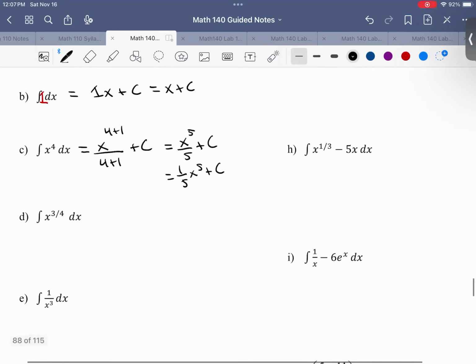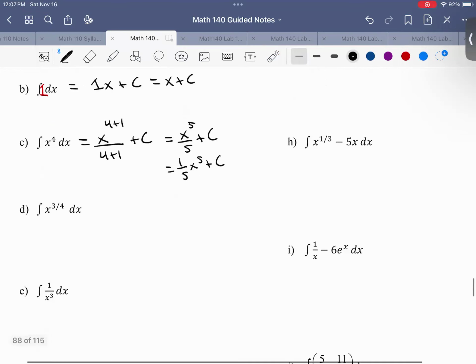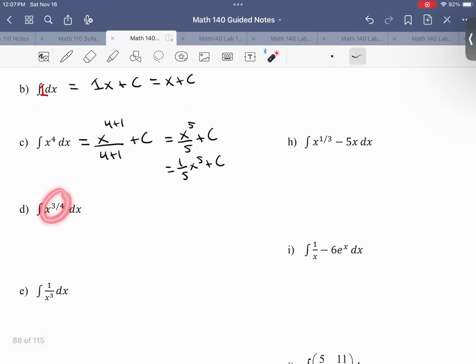Okay, let's jump to letter D now. So we have x to the 3/4. This one is very much like letter C, with adding 1 to the exponent and dividing. But here we have a fraction, so it's going to be a little less clean, but it's the same process nonetheless.